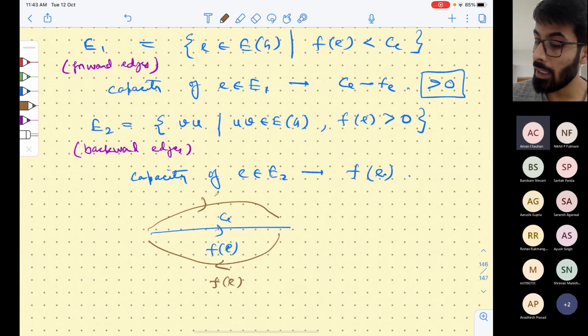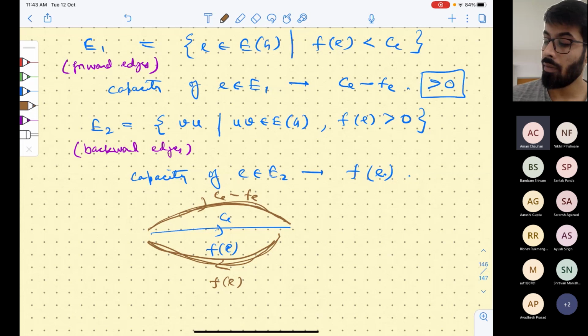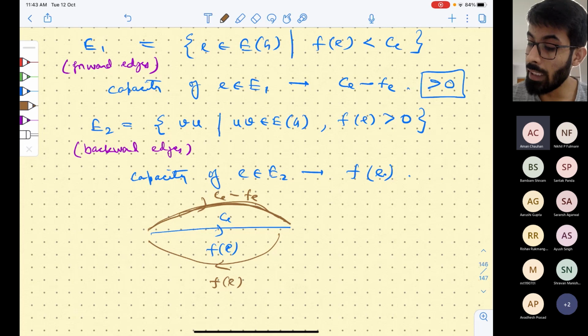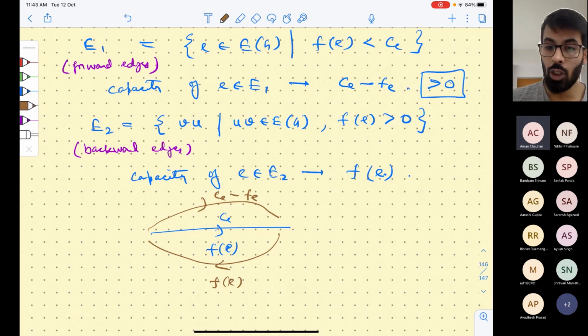This edge's capacity is c_e minus f_e, right? That means we can increase the flow along the forward direction by c_e minus f_e, and we can decrease the flow on this edge by the value f_e. So we can push back the flow of size f_e, right? So that is the intuition, okay?